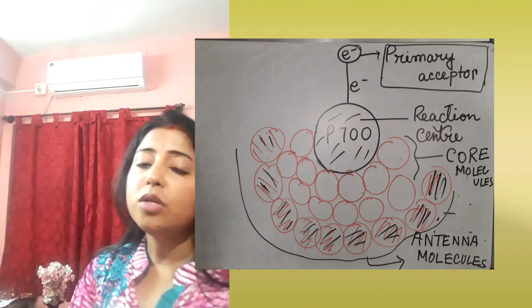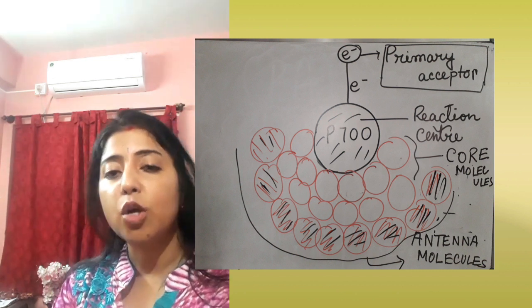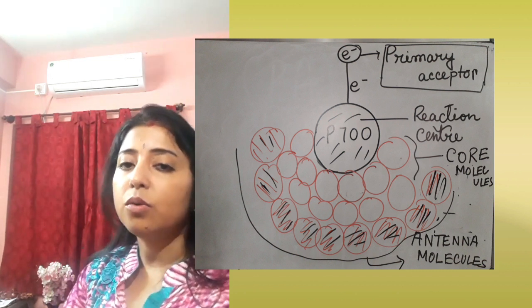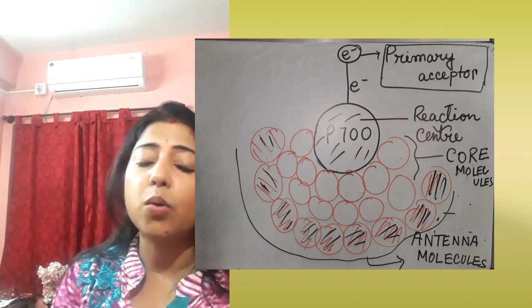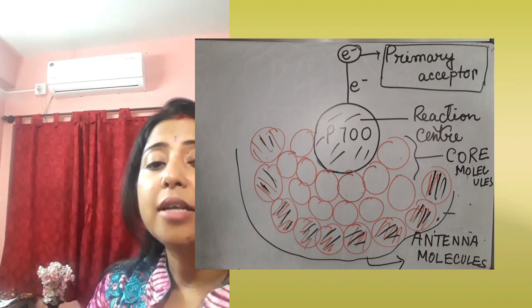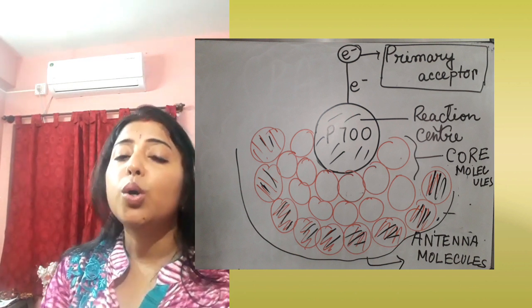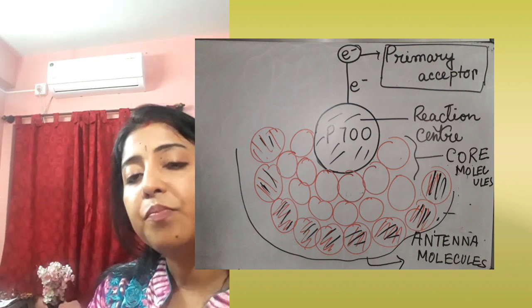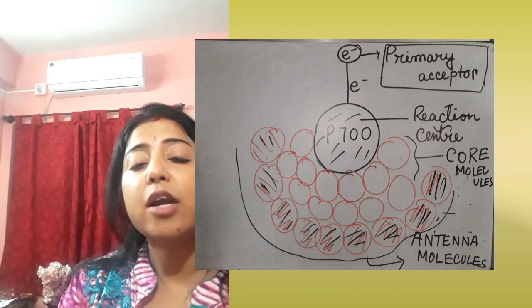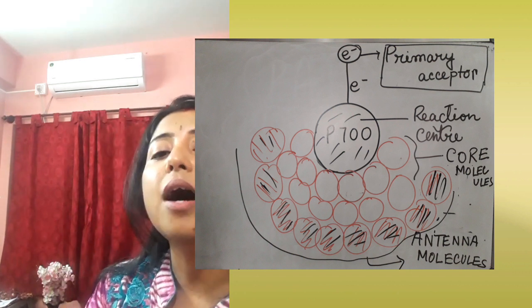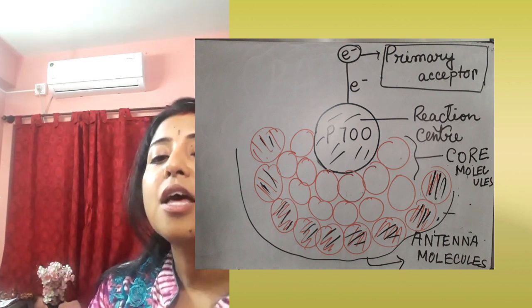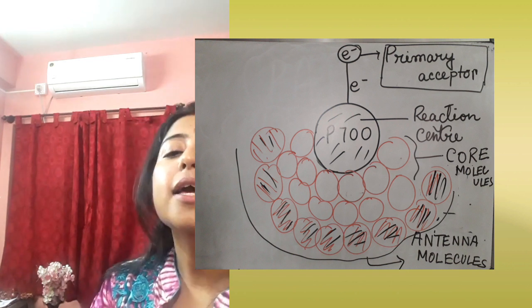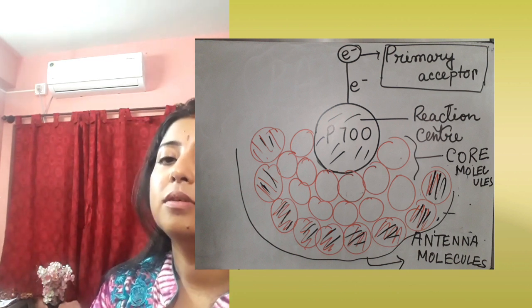The outermost molecules, which are present in the outer part relative to the core molecules, are known as antenna molecules. Antenna molecules include chlorophyll A, chlorophyll B, carotene and xanthophyll. Clear? And in core molecules, only chlorophyll A and B are involved, and in the reaction center, only chlorophyll A will be involved.